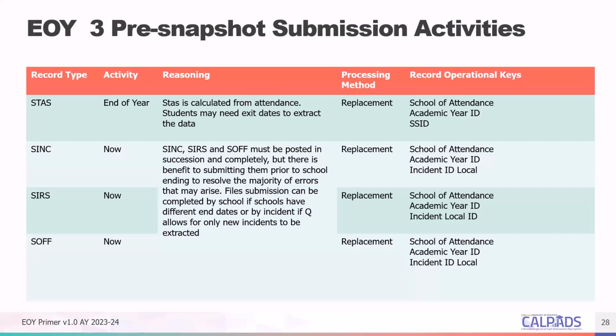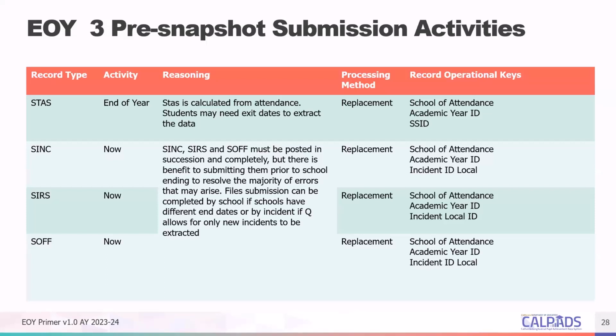The 3 files used to submit incident data, that's the SINC, the SIRS, and the SOFF, each use replacement processing methods, such that updates can be made in one of 2 ways. First, by submitting files containing all records throughout the year, you can update the entirety via operational keys.